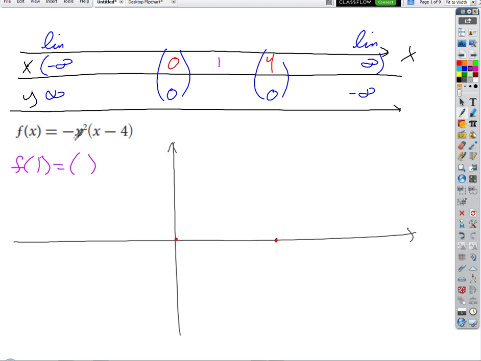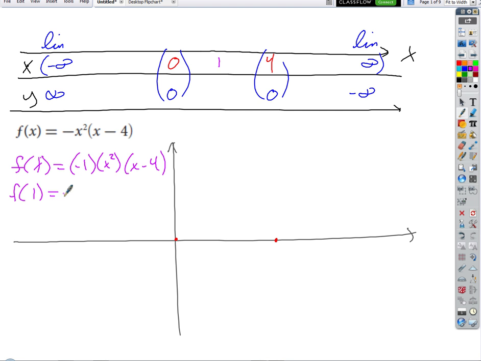I'm going to get my negative times my x squared times x minus 4. That's f of x, right? If I break it up into all the factors, I've got a constant factor times my x squared times my x minus 4, right? Three things being multiplied together.